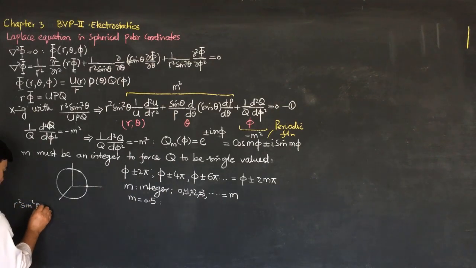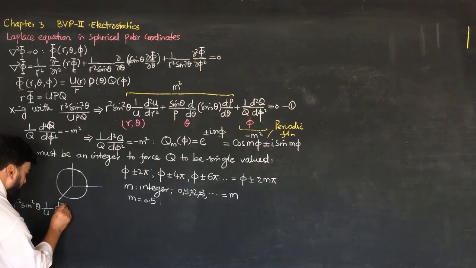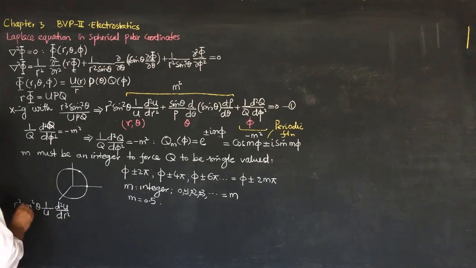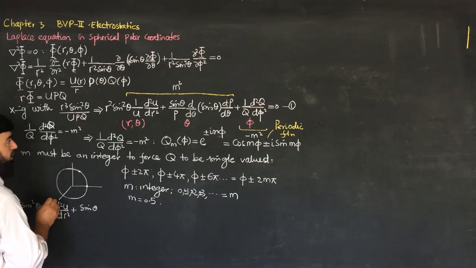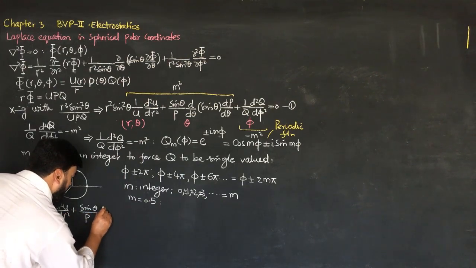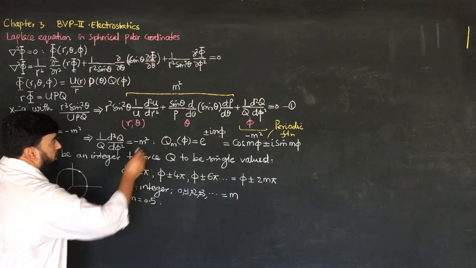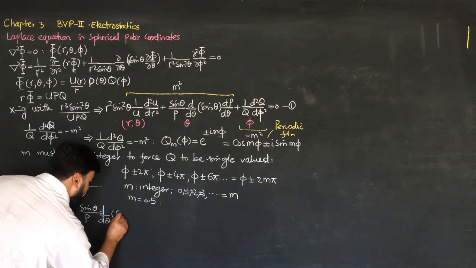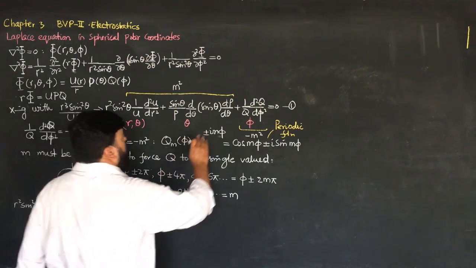sine square theta, 1 over u and d square u over d r square, plus sine of theta and divide by P, d by d theta, and sine theta d by d theta.